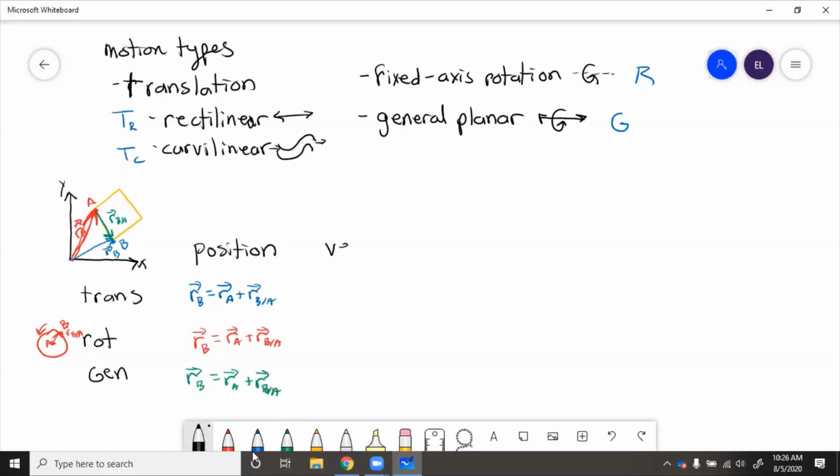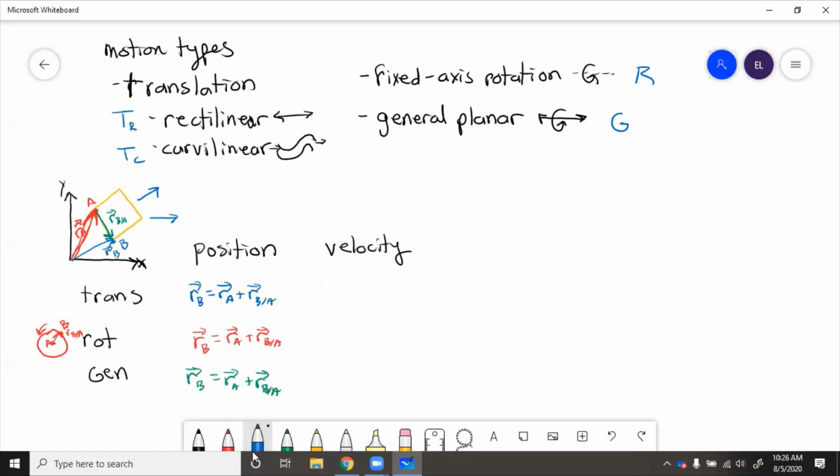Now for velocity, if an object is only translating, say it's moving just like that, or like this, since it doesn't change orientation, the change in position of A is the same amount that B changed position, and the velocities are the same because they're all connected. The whole thing is moving at the same speed.